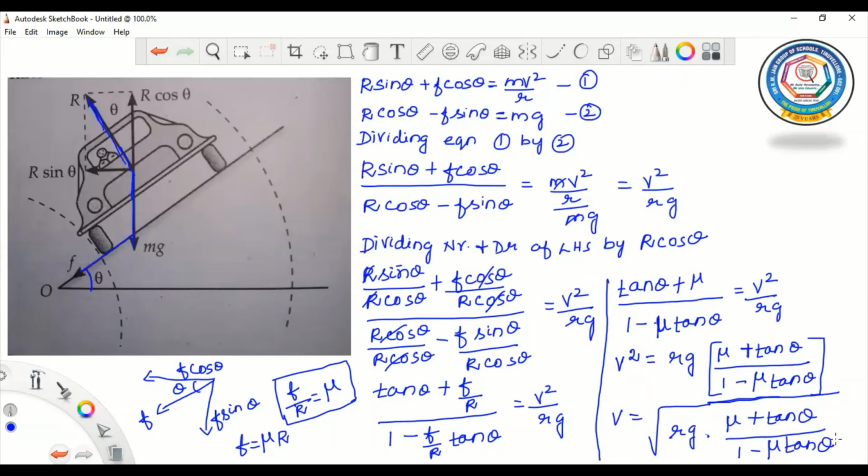Now let us discuss a very important special case. When there is no friction between the road and the tires, which means when mu is equal to 0, the safe limit for the maximum speed becomes, so we'll discuss this special case here itself.